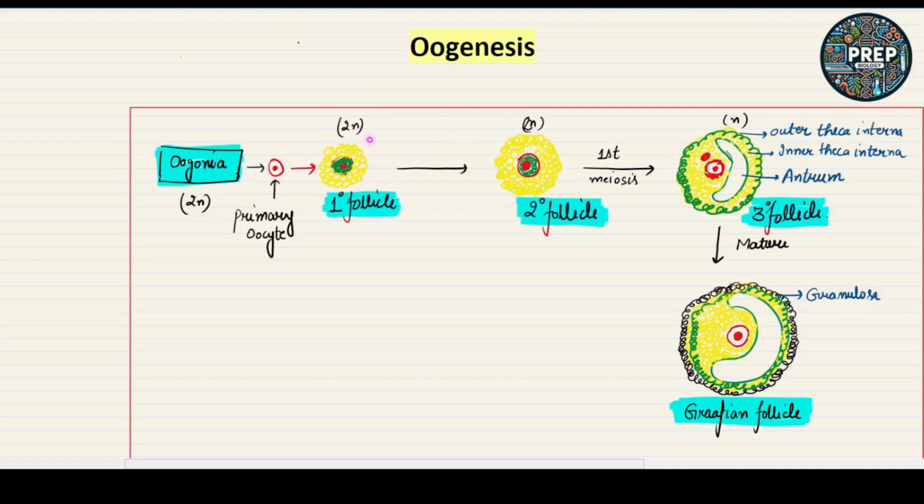Around the primary follicle, another granulosa layer will form, and it will increase in size. That structure is called the secondary follicle, which is also diploid in nature. Oogonia is diploid, primary follicle is also diploid.